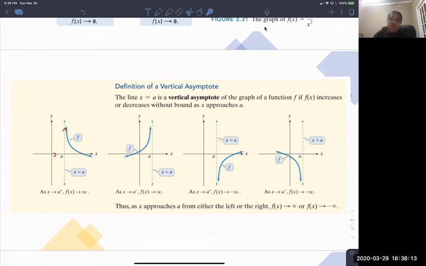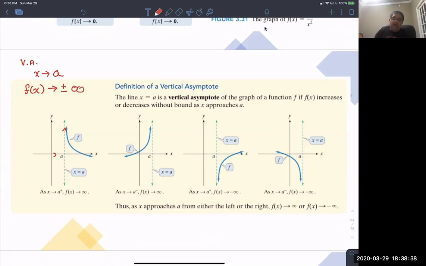So a vertical asymptote occurs whenever, as x approaches a certain number, f of x goes to either infinity or negative infinity. So if you want a quick shorthand of how to write this, we say a vertical asymptote, VA, occurs when, as x approaches a, f of x goes to positive or negative infinity.